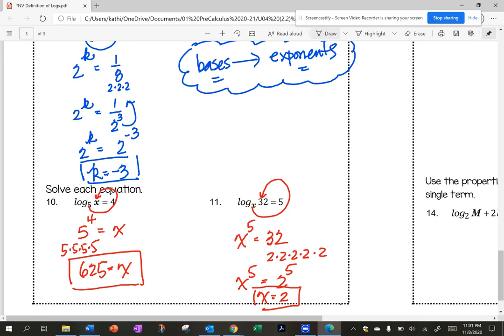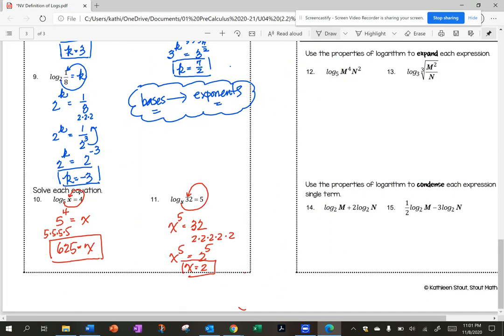So just like if my bases are equal, my exponents are equal, the same is true going the reverse way. So if my exponents are equal, then my bases are equal. So I'm trying to get either the bases equal or the exponents equal, whatever is not the variable.